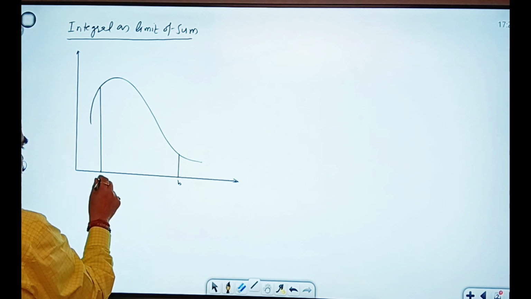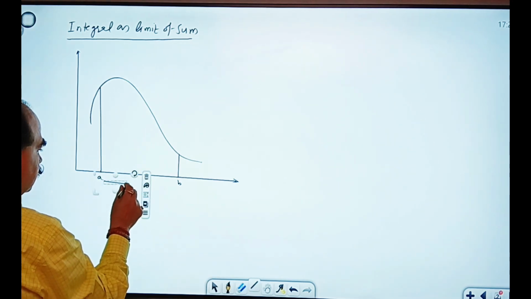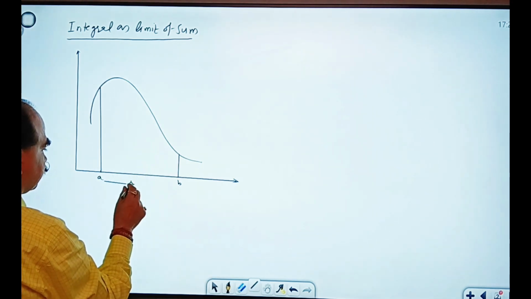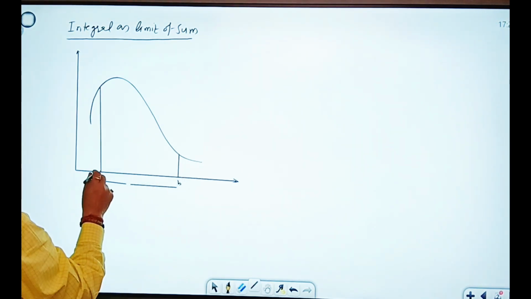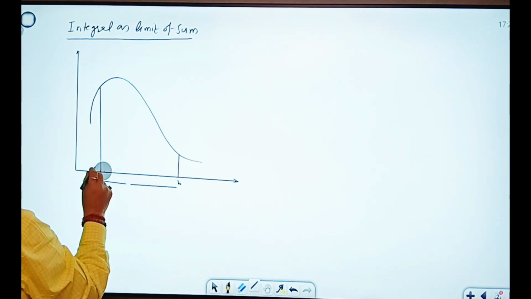This interval will be divided in n equal subparts. And the width of each part is what? H. This is H.